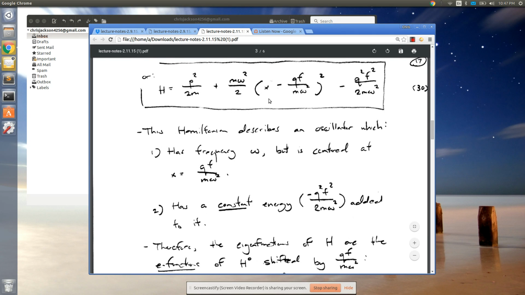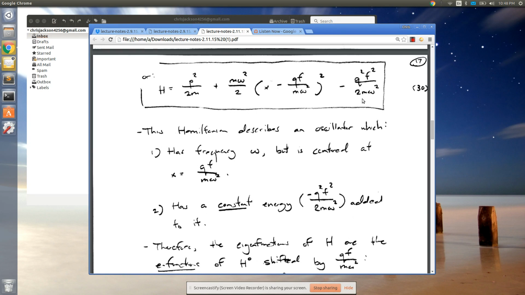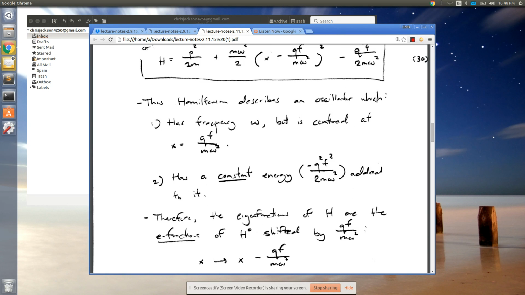So it's been shifted from being centered at x equals 0 to being centered around this point, right? And then also we see that it has a constant energy term that's being subtracted from it, which is this leftover piece from completing the square.